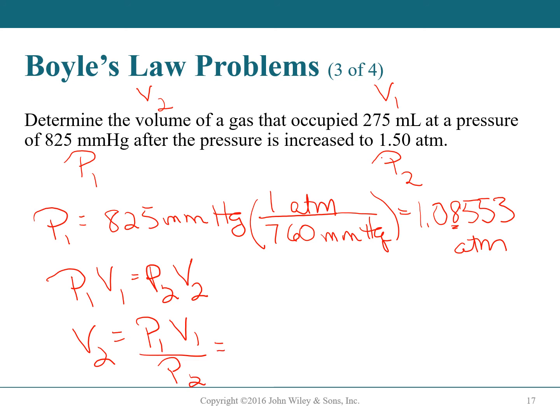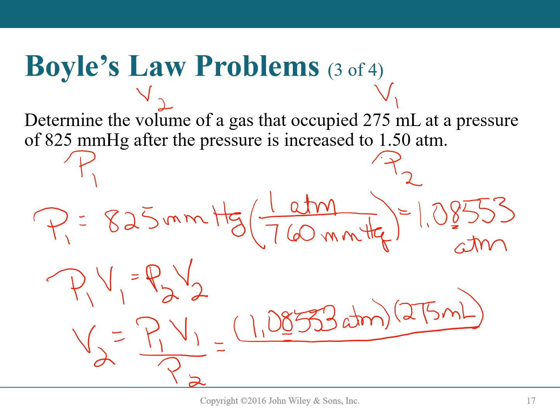So P1, the 1.08553 atmospheres, times V1, which we said was 275 milliliters, divided by P2, which is 1.50 atmospheres, and we get 199, and we want 3 significant figures. 199 milliliters.